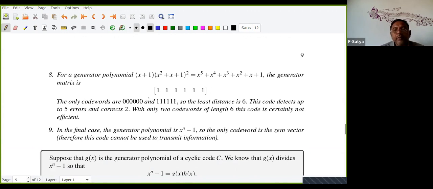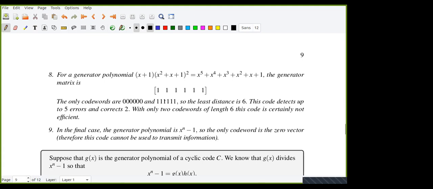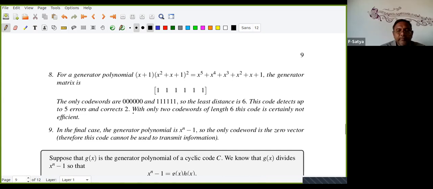Now, can you tell me what is the weight of this code? The weight of this code is 6. So it can correct up to 2 errors and detect up to 5 errors.